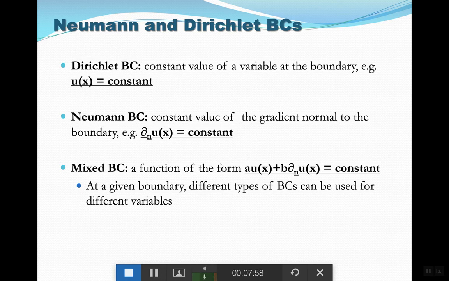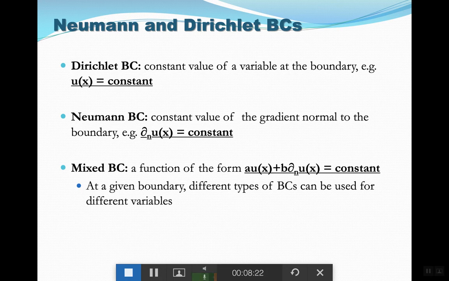The second is the Neumann boundary condition. In the Neumann boundary condition, it is the constant value of the gradient normal to the boundary. So this time, we are not dealing with the parameter itself. We are dealing with its gradient, with its rate of change.